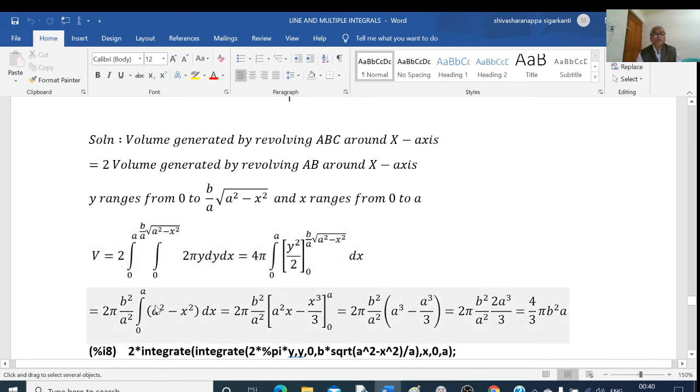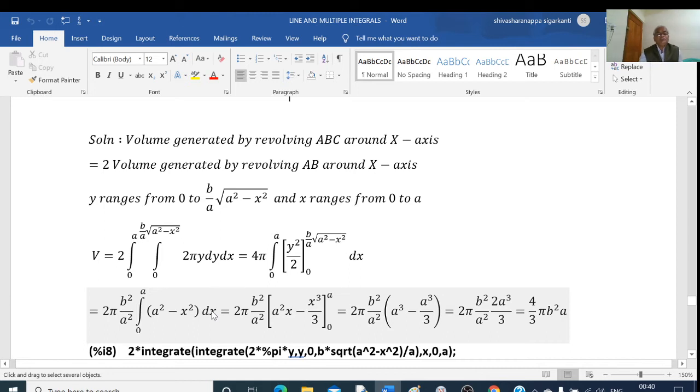4 pi divided by 2 will become 2 pi, and substituting the upper limit, b by a into root of this, that is b square by a square I am writing outside, and the square of a square minus x square is just a square minus x square, into dx.